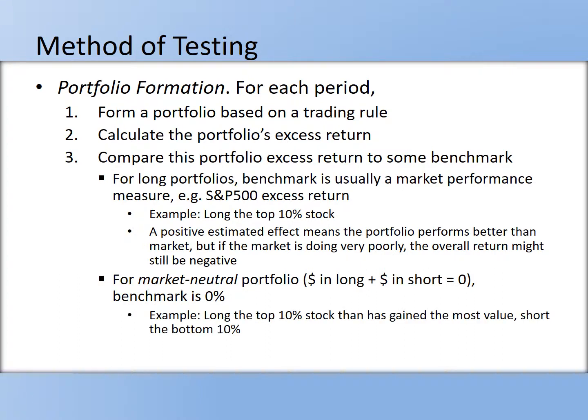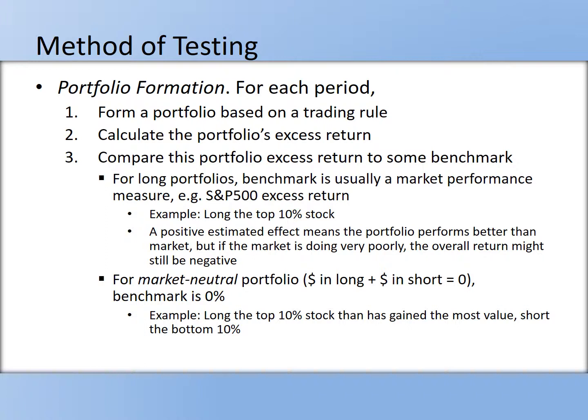So an example of a market neutral portfolio would be longing the top 10% stocks that have gained the most value and shorting the bottom 10%. To be truly market neutral, you should be buying stocks within the same sector, right? So for example, if you have a market neutral portfolio in energy, then you'll be buying the best performing energy stocks and shorting what you think would be the worst performing energy stocks.